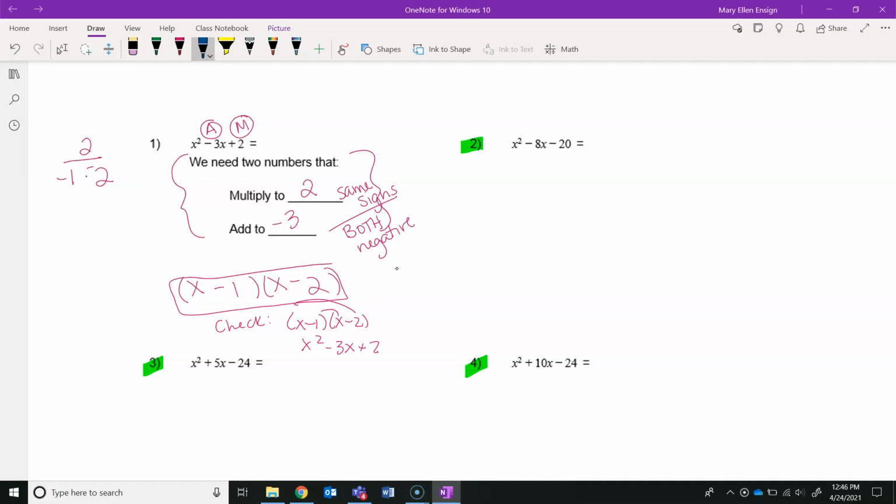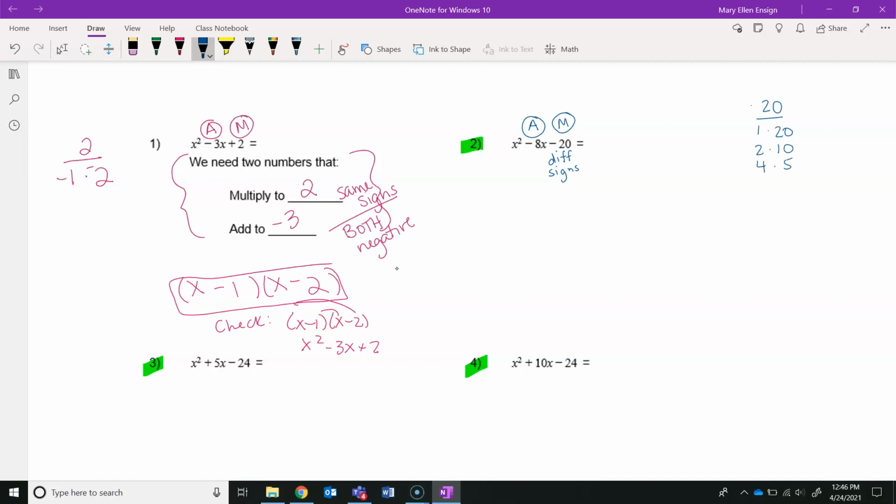Okay, so just to remind yourself, we need two numbers that multiply to this last number and add up to the middle number. So I need two numbers that multiply to negative 20 and add up to negative 8. Negative 20 tells us we're going to have, again, different signs. I'm going to just think about factors of 20 first, and then I'll deal with the negative. So 1 and 20, 2 and 10, 3 does not go into it, 4 and 5.